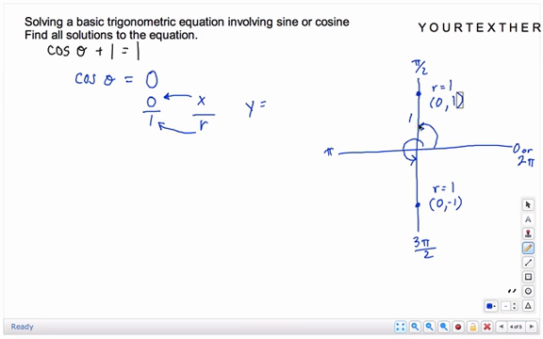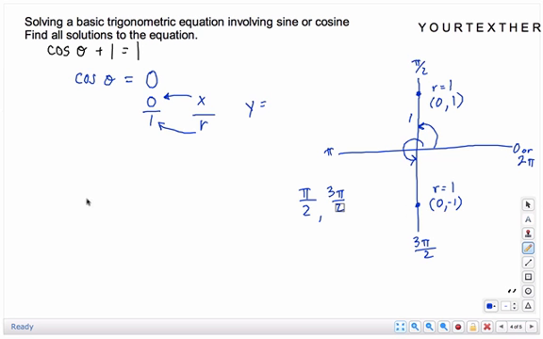But what I want you to see here is these are each pi units away. This is one of the special cases where if I add pi to pi over 2, I get 3 pi over 2. If I add pi to 3 pi over 2, I come back to the reference angle again.